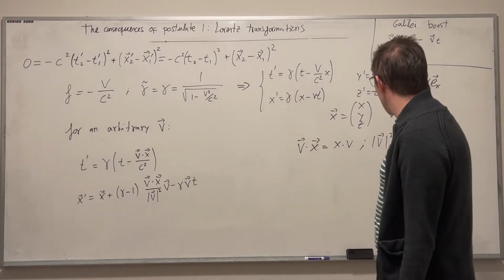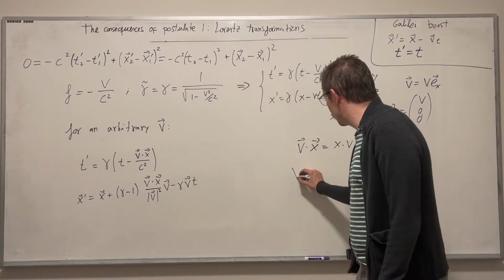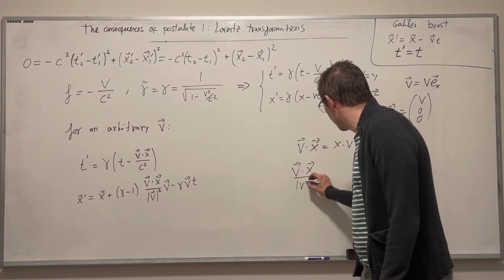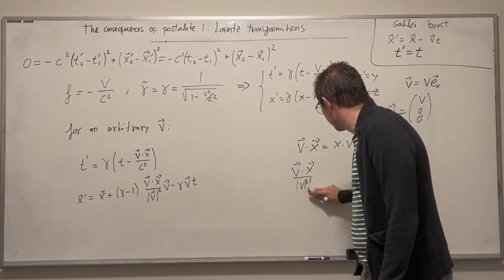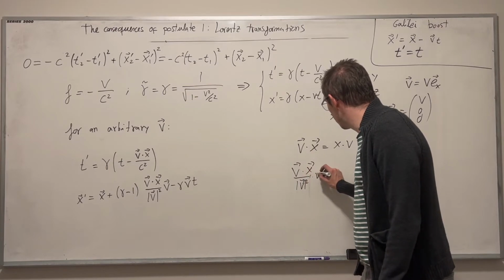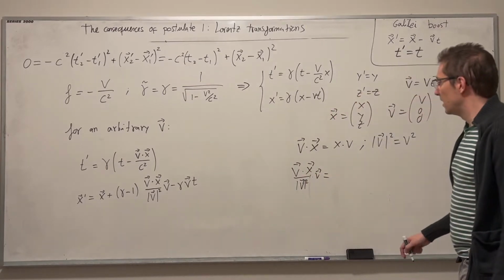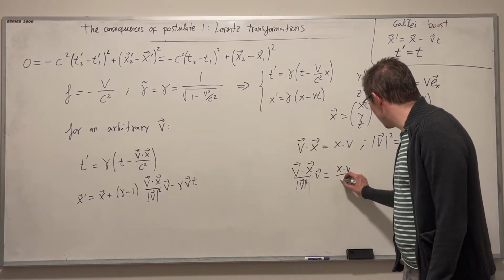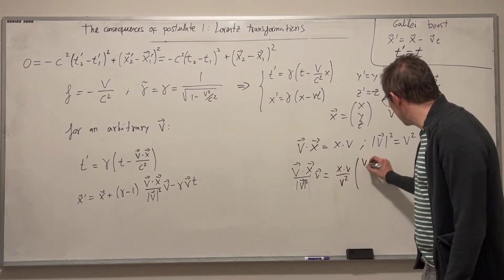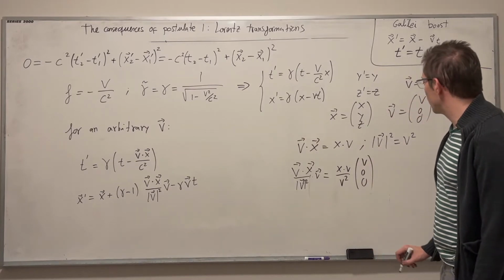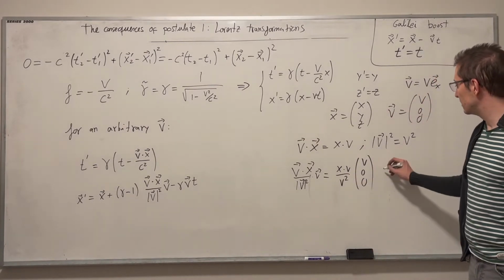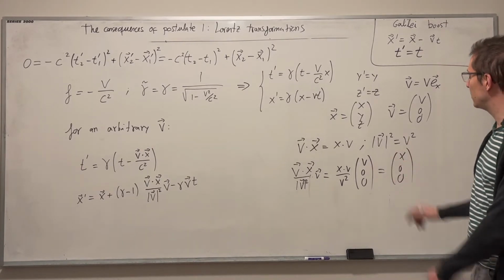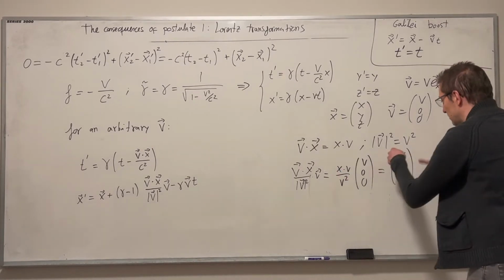And with that, v dot x divided by v squared, times v, it's going to be x times v divided by v squared times v, 0, 0. So the two v's cancel, and all I'm left with is x, 0, 0. In this particular case, this vector is just x, 0, 0.